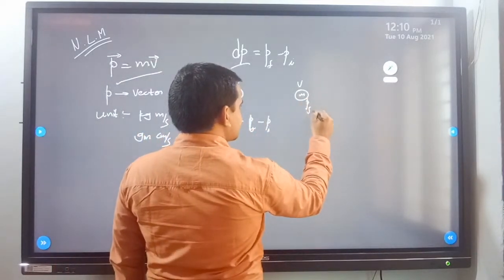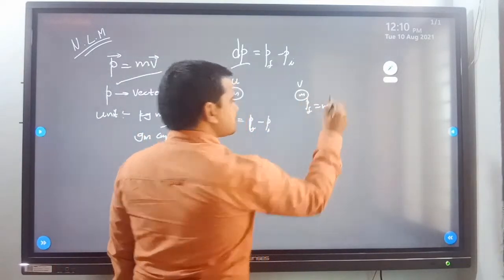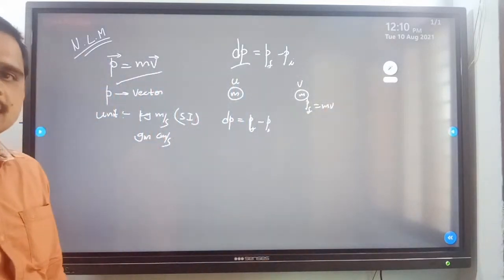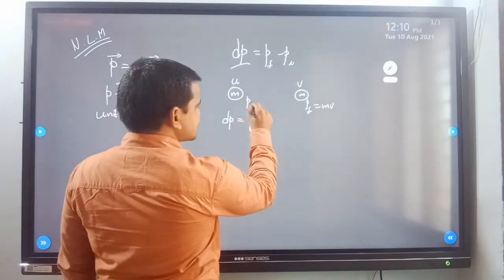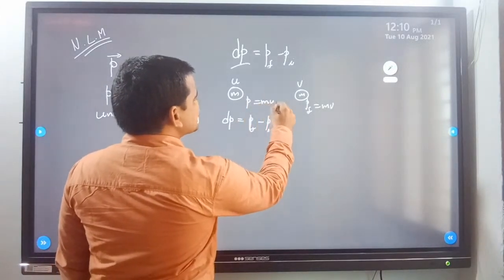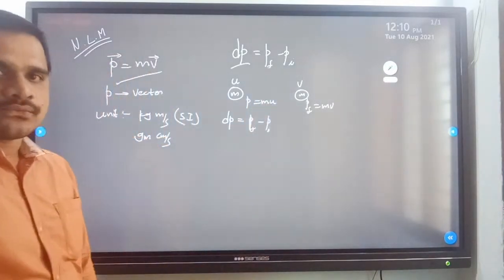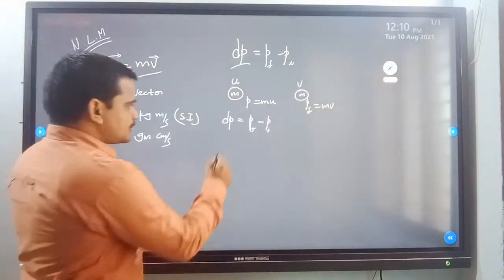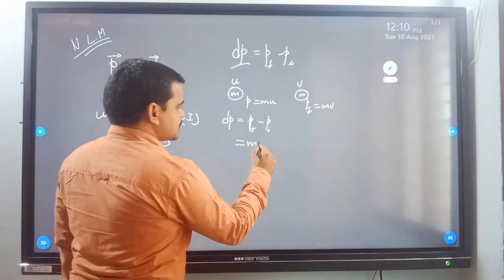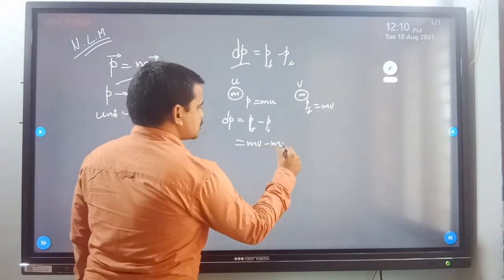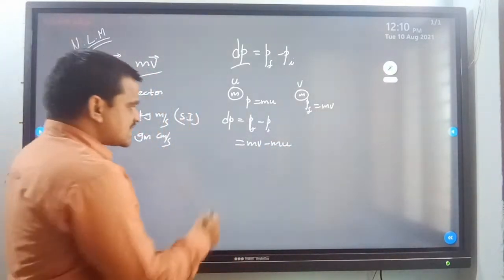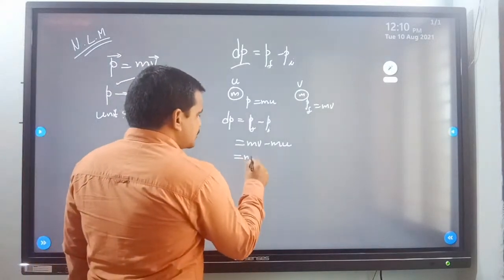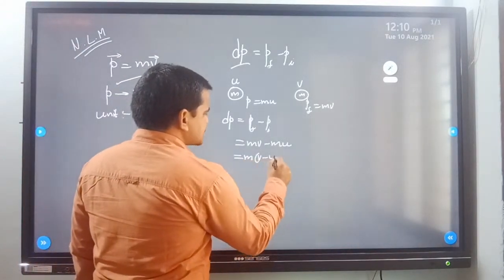The final momentum is m into v, and the initial momentum is m into u, because u is the initial velocity and v is the final velocity. So m into v minus m into u, that is m into (v minus u), is the change in momentum.